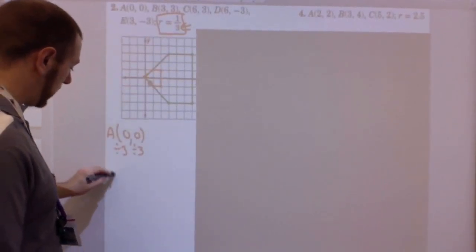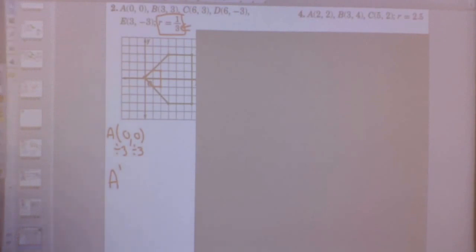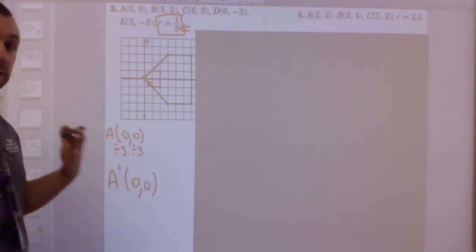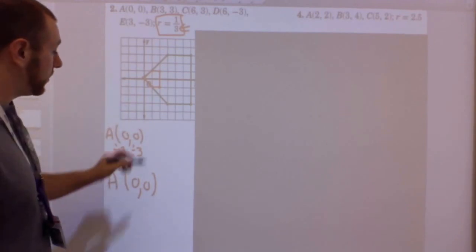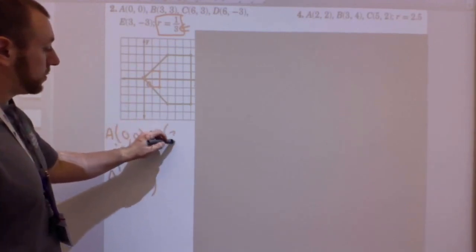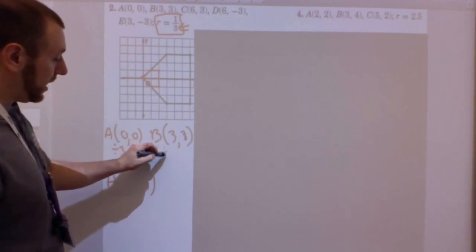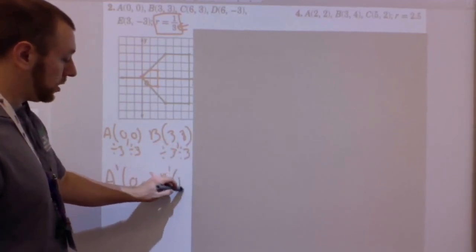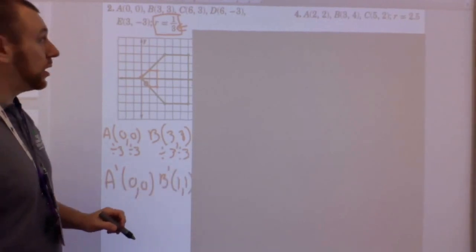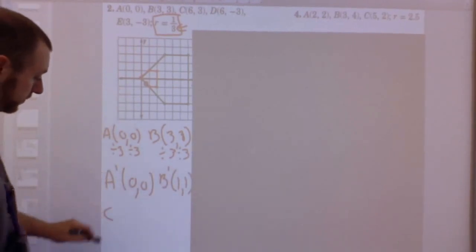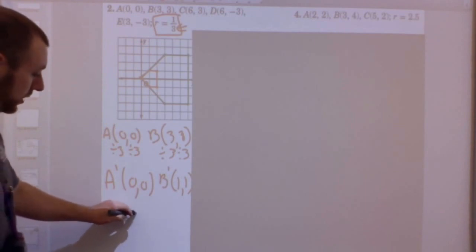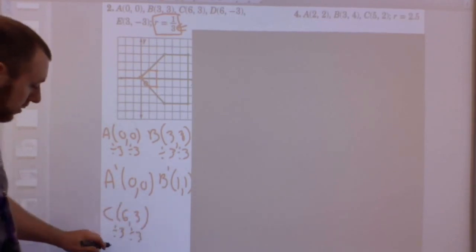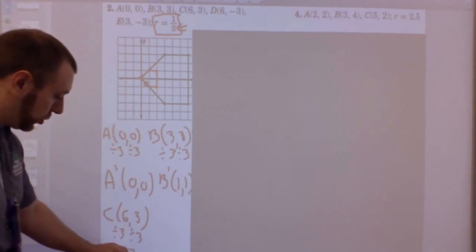So my new A apostrophe is 0, 0. That didn't change because 0 divided by anything is 0. My new B, 3, 3, I divide by 3, it becomes 1, 1. My C, 6, 3, when I divide by 3, becomes 2, 1.